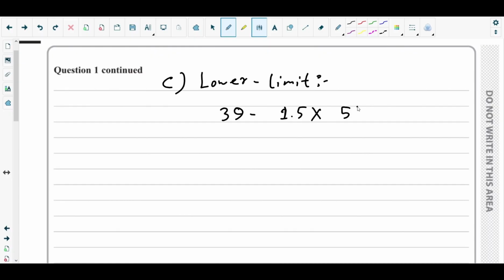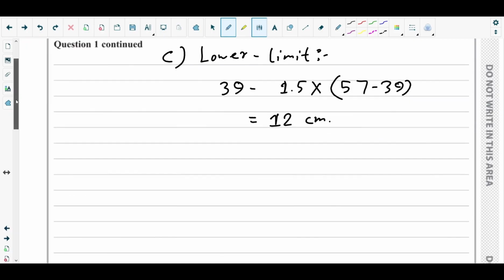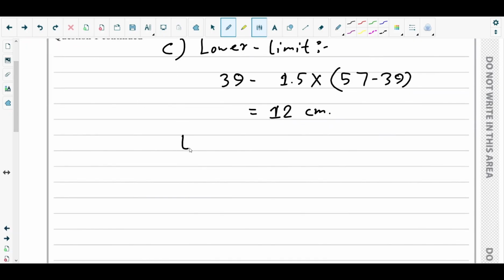Q3 is 57 minus 39. So the lower limit is 1.5 times (57 minus 39). So that is 39 minus 27, which is 12. Fine. So 12 centimeter is the lower limit.